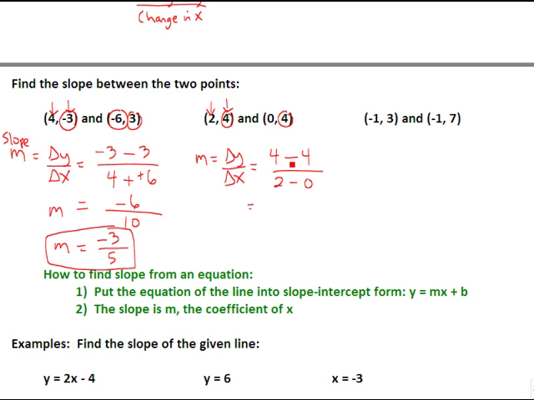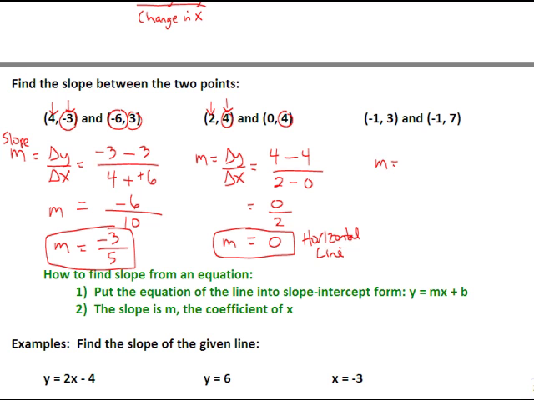Now let's simplify. 4 minus 4 is 0, 2 minus 0 is 2, and 0 divided by anything stays 0. So here our slope is 0. And remember, if you have a slope of 0, what kind of line do you have? Horizontal. So this is actually going to be a horizontal line connecting these two original points.